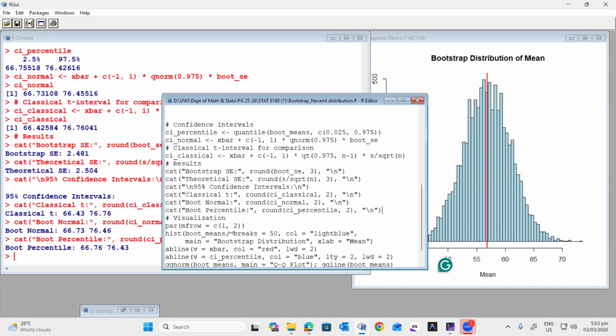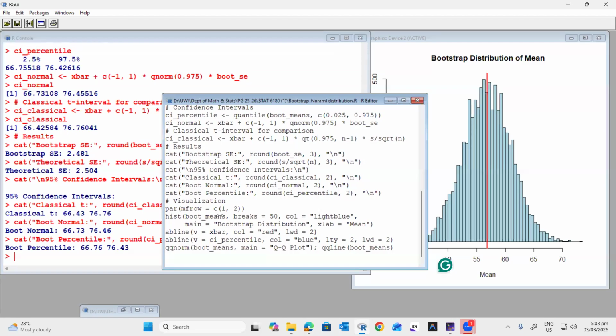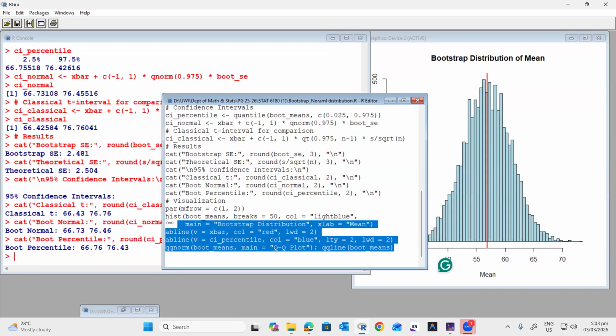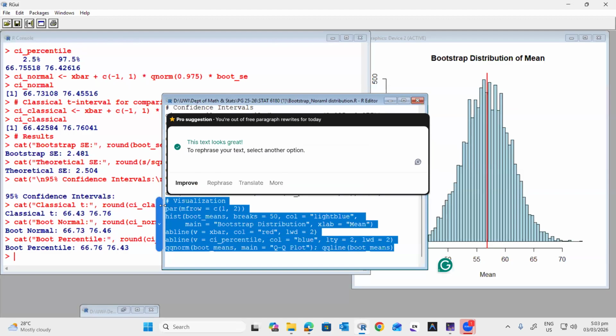After that, now we are going to check the visualization of our bootstrap means, how they are distributed, and the confidence interval under the percentile method.